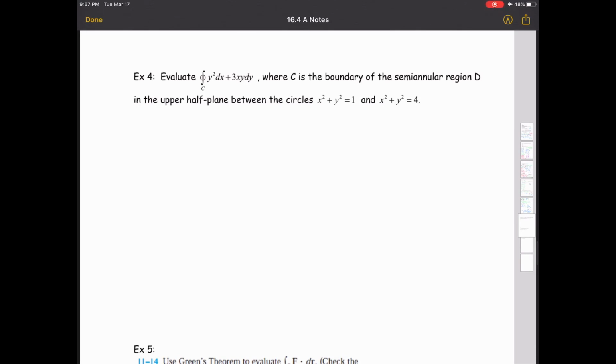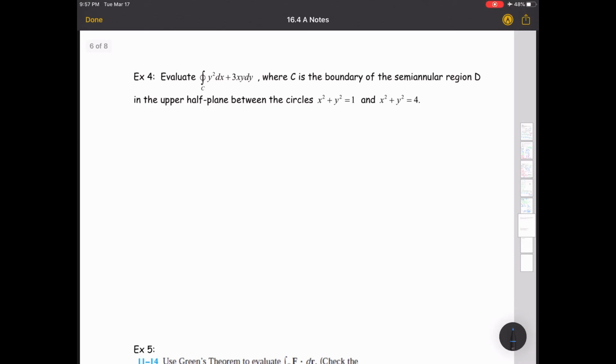Again, we know that because of the integral symbol with the circle on it, of y squared dx plus 3xy dy, where C is bounded by the semi-annular region D in the upper half plane between the circles x squared plus y squared equals 1 and x squared plus y squared equals 4.